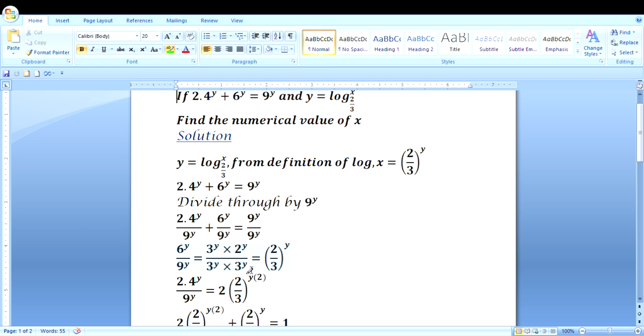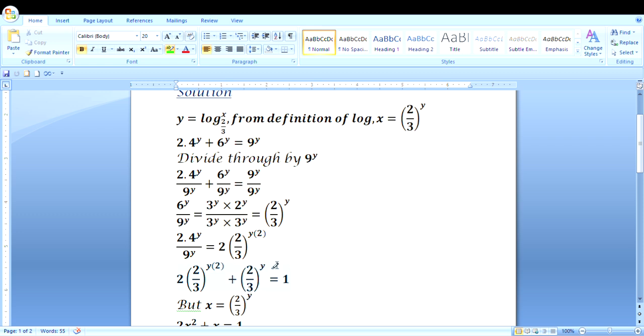Okay, so that's all it means there. If that is done, 3 raised to power y cancels with 3 raised to power y, and we are left with 2 raised to power y over 3 raised to power y, which can also be expressed as 2 over 3 all raised to power y. So we are able to simplify 6 raised to power y over 9 raised to power y as 2 over 3 raised to power y.